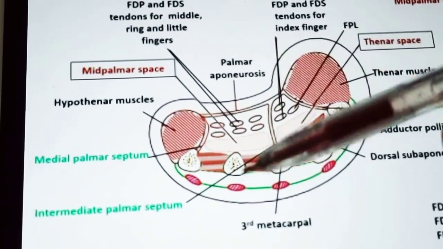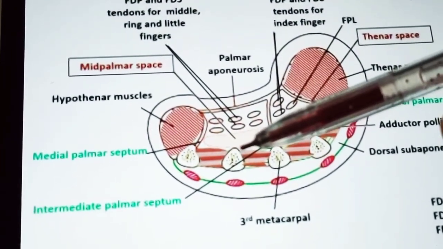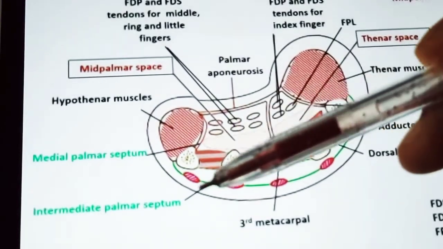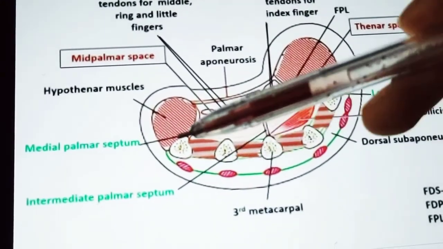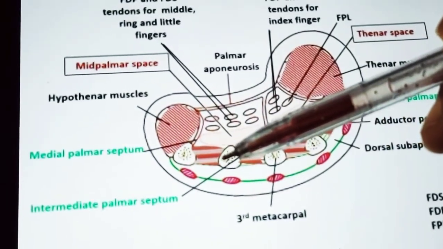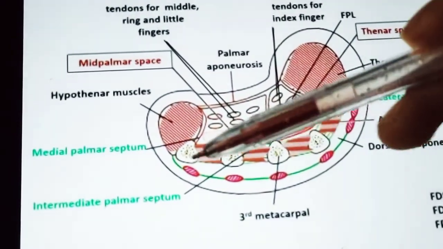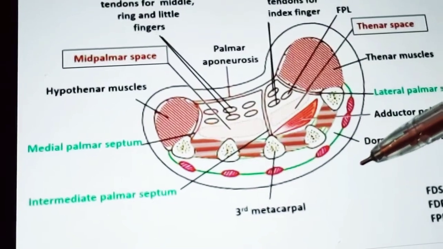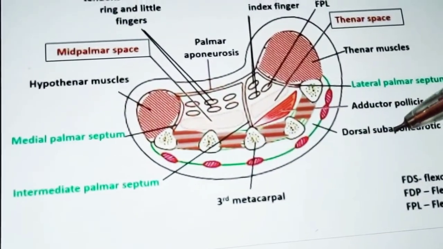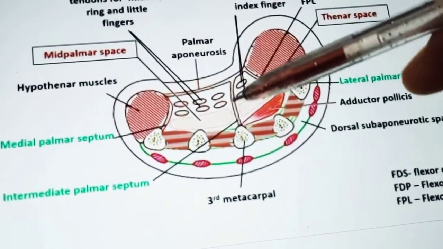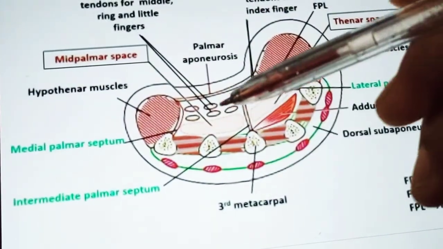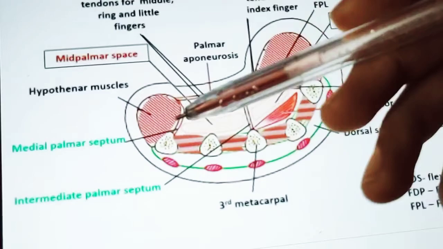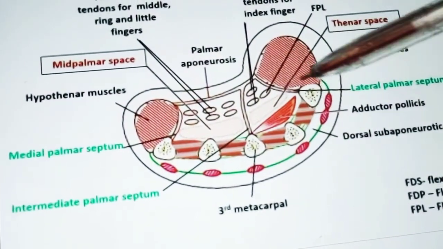Posteriorly you will see the fascia which is covering the interossei and metacarpals. Mainly the fascia covering the 2nd, 3rd and 4th interossei and also covering the 3rd, 4th and 5th metacarpals. You can see these are the cut metacarpal bones. And laterally you will see the intermediate palmar septum. It's between two palmar septums: this is the medial palmar septum and this is the lateral palmar septum.